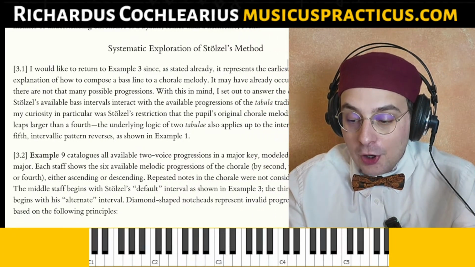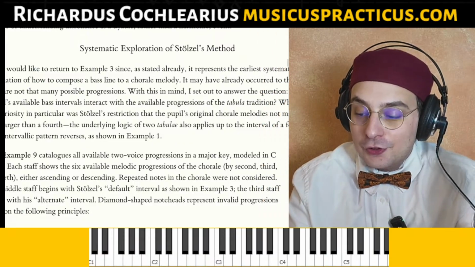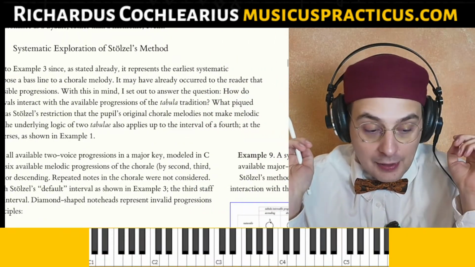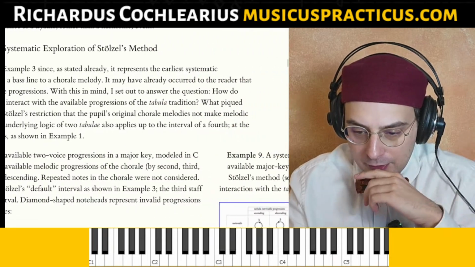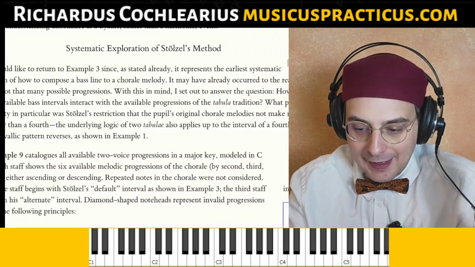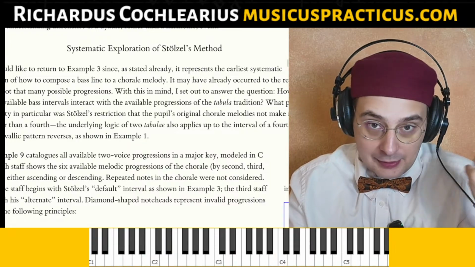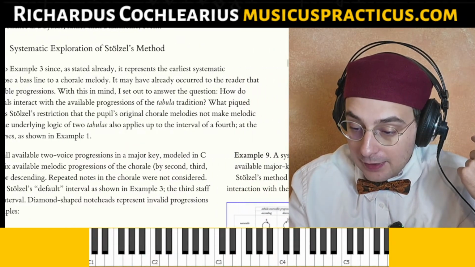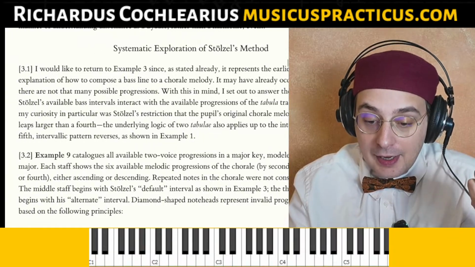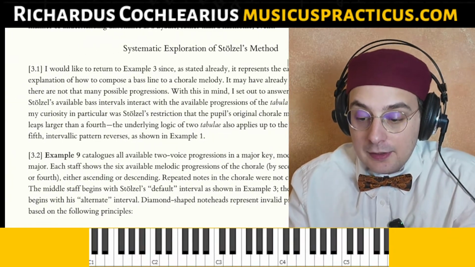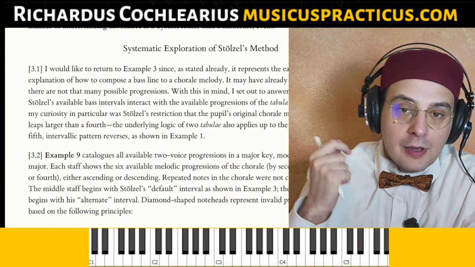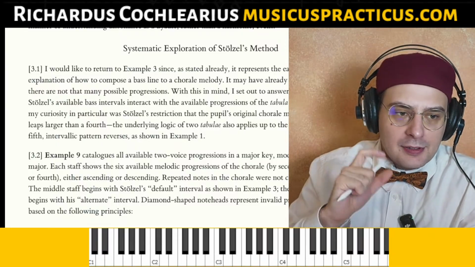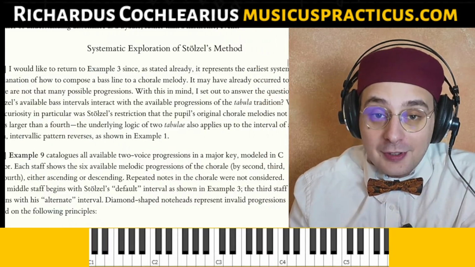The underlying logic of the two tabulae, so the tabulae we saw at the beginning, also applies up to the interval of a fourth. At the fifth, the intervallic pattern reverses. So when you go to the fifth, you know the fifth is the inversion of the fourth, as well as the sixth is the inversion of the seventh. This is gold. No, this is diamond.